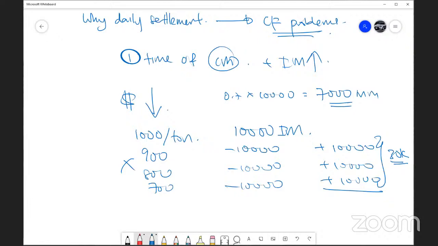In this scenario, it shows three consecutive days the price has been dropping. So you need to keep topping up until maturity. Then only you can see the price going back up. So at the end of the day, at maturity, you might receive an excess of cash.